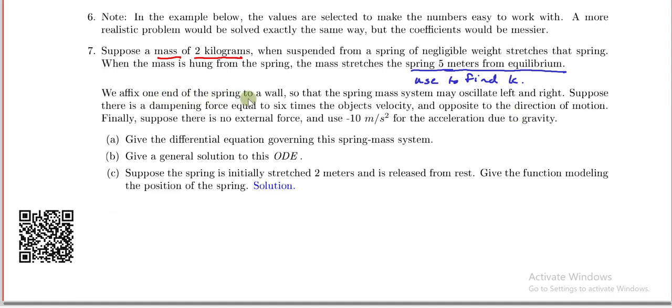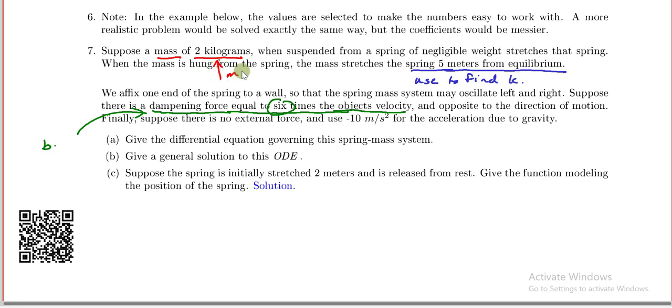When we affix one end of the spring to the wall, the spring-mass system may oscillate left and right, and we suppose that there's a damping force. What's that damping force? That damping force is some sort of drag force, and it will have a drag coefficient with it, and we're told that it is 6 times the object's velocity. So that's going to help us find the B value that we use for our drag, and again this was for our mass.